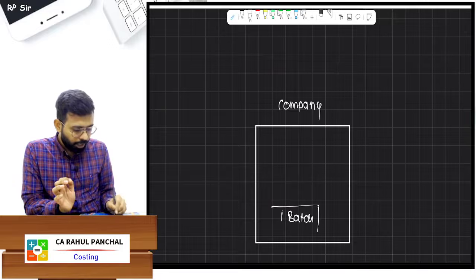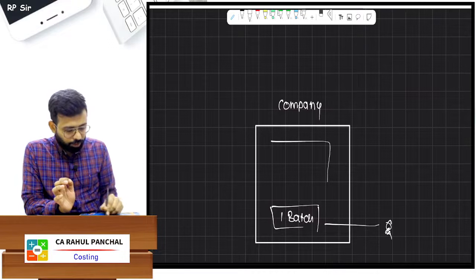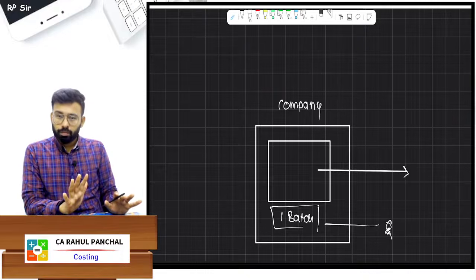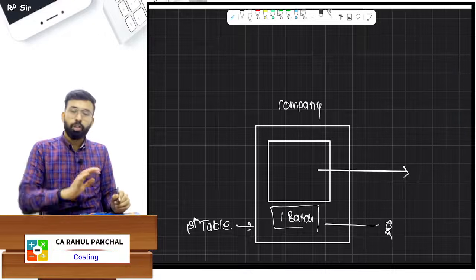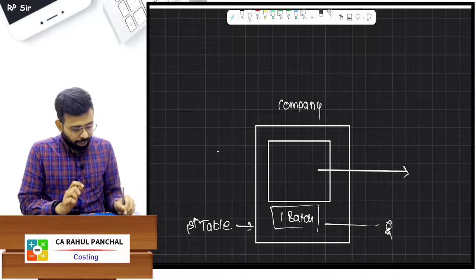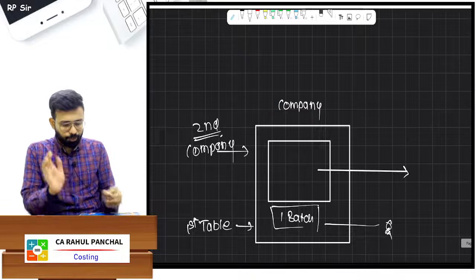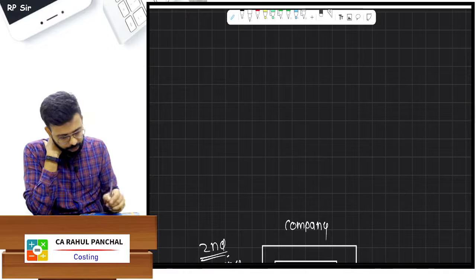This is the only batch we run for one customer, but there are other machineries also where the production will happen. The first table given in the question is with reference to one batch, and the next table is with reference to the company.